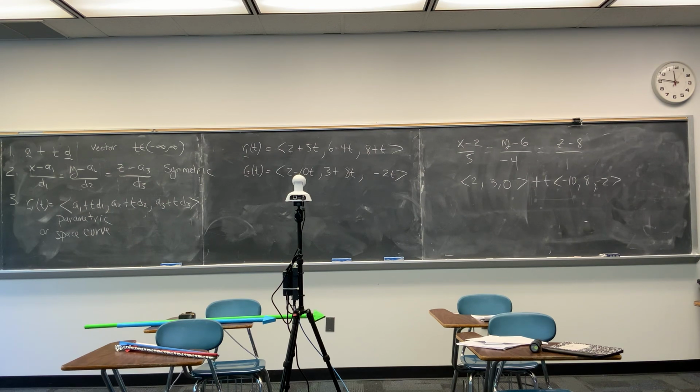What do you think is going to go in the y of t? If you had to guess. 6 minus 4t. And then in the last one, 8 plus t.